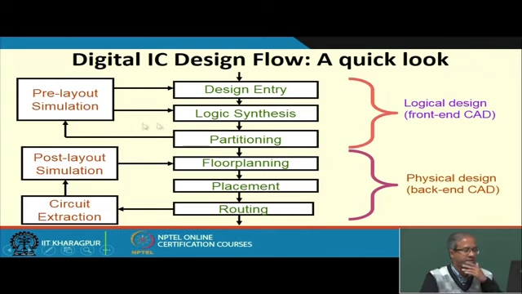These things also we shall be discussing later. You can carry out simulation before your layout is created, or after your layout is done, then also you can extract this circuit and you can do something called post layout simulation, which will of course be much more accurate. So, roughly this is how things work.